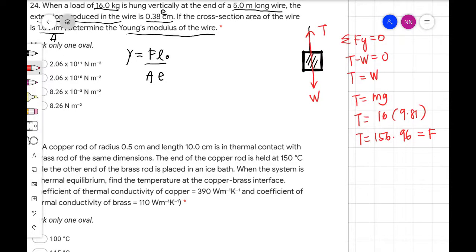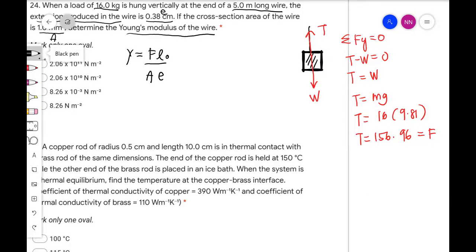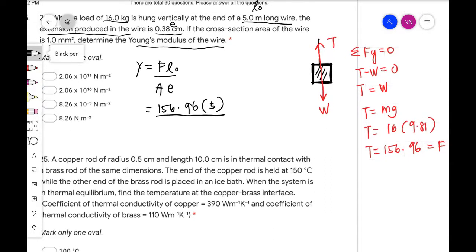So now you can substitute all the values in the formula of Young modulus: 156.96 times the original length of the wire, 5 meter, and then the cross-sectional area is 1 millimeter squared. So you have to convert to meter squared. It is like this.